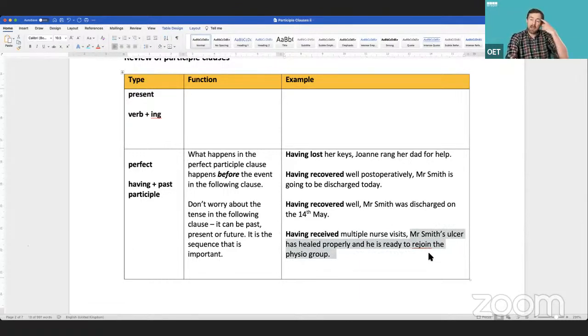Now, in my brain, I'm creating a story. I'm saying that the reason his heel is also healed properly, and the reason he's ready to rejoin the physio group is because of the multiple nurse visits. That's what happens in my brain, but that's not really what I'm doing here. I'm just stating that this one happened first, and this happened second, or next, or after.